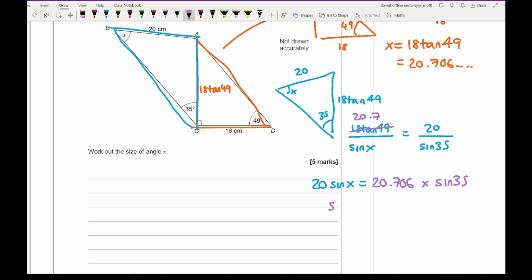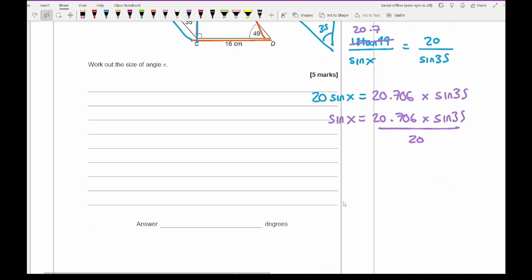I then take the 20 over, so I get sine X equals 20.706 multiplied by sine 35, all divided by 20. And then if I do X equals the inverse sine of this whole fraction on my calculator, I get an answer of 31.9 degrees.